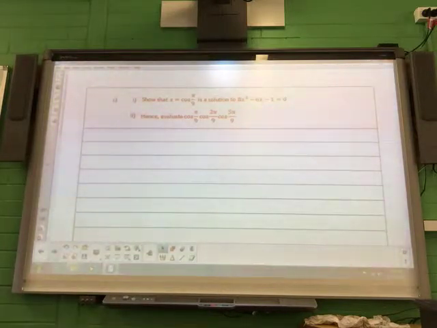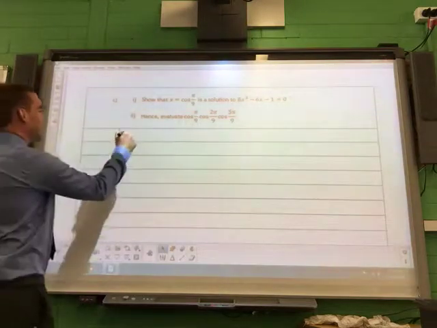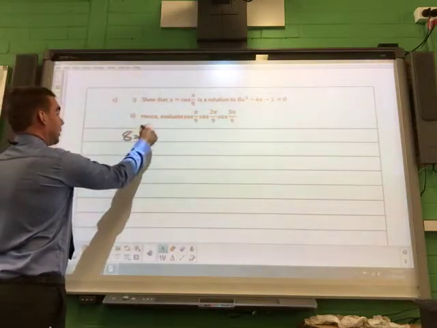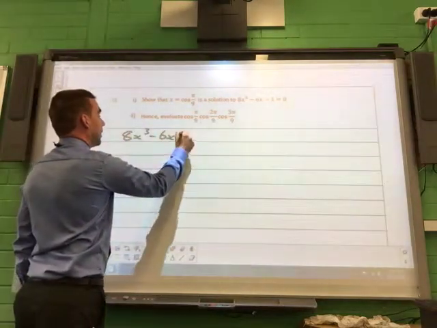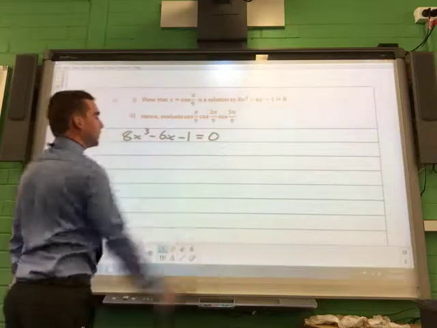That's essentially what we're doing, yeah. Essentially, but a slight different step involved. Okay, so the question: 8x cubed take away 6x take away 1 is 0.